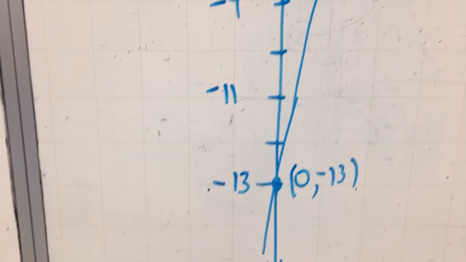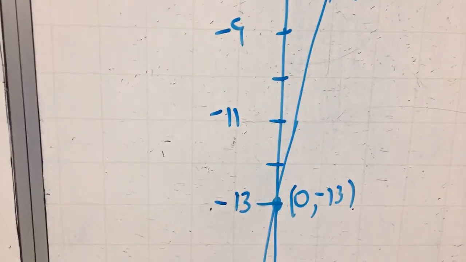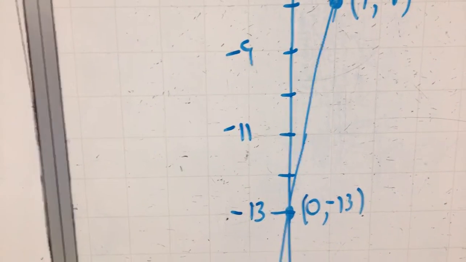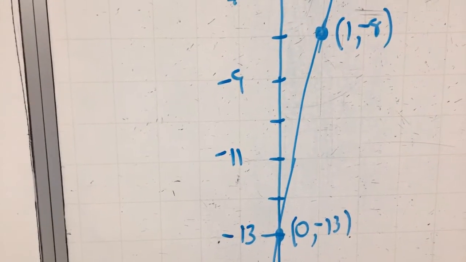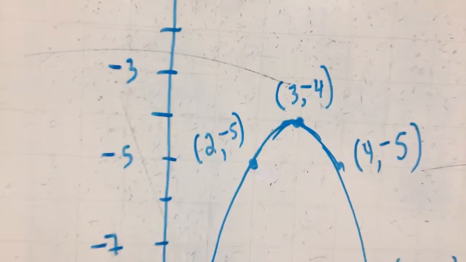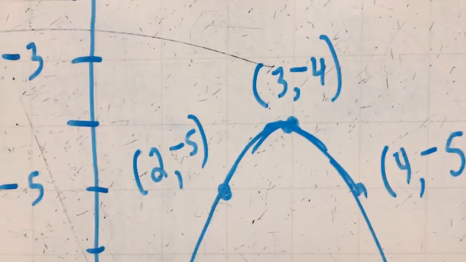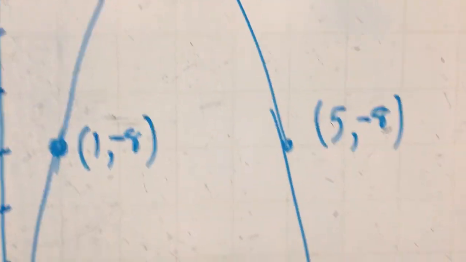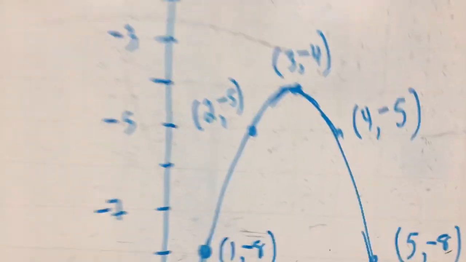And look at this. I used that pattern thing, and sure enough, I landed on negative 13. That pattern trick is beautiful. Remember, if the coefficient in front of the squared term is a 1, this will never fail you. From the vertex, in this case it opens down, over 1 down 1, over 1 down 3, over 1 down 5, etc., etc. And it's symmetric. Do it on both sides.